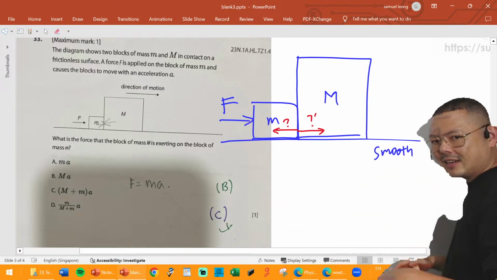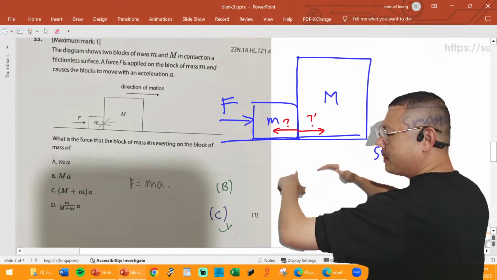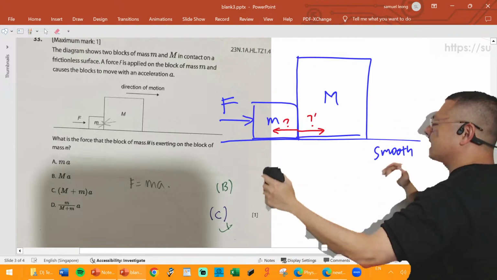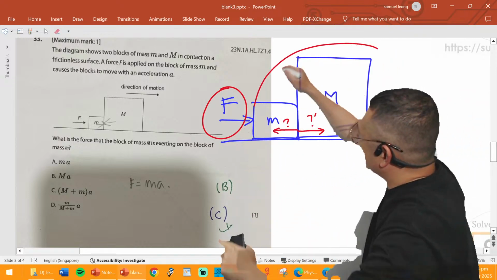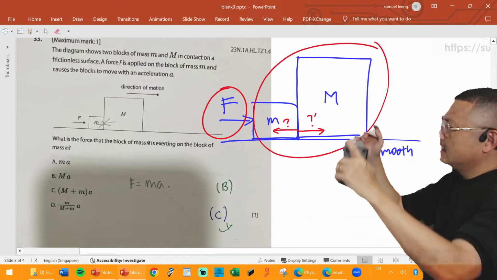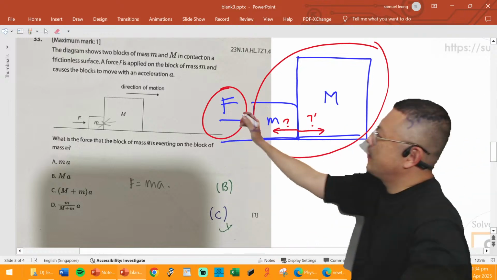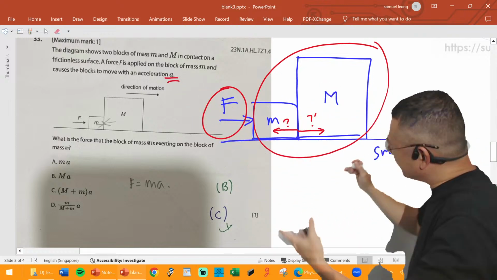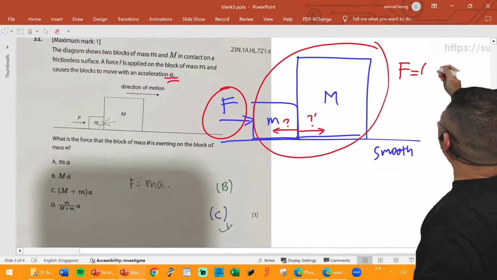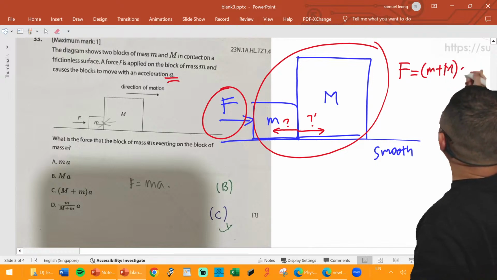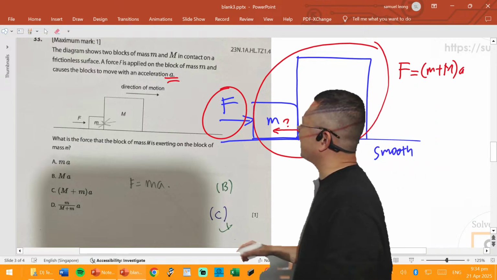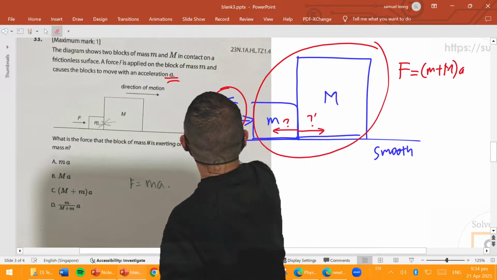Let's look at the big picture. If I combine the two masses, this force causes these two masses to accelerate. So can I write that F equals small m plus big M, times A? Correct. So that's the big picture.